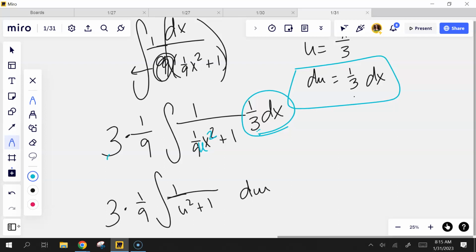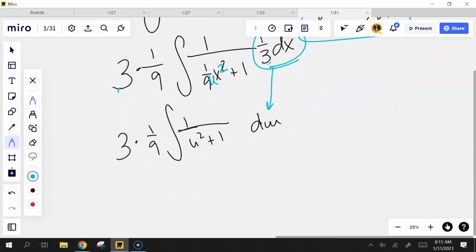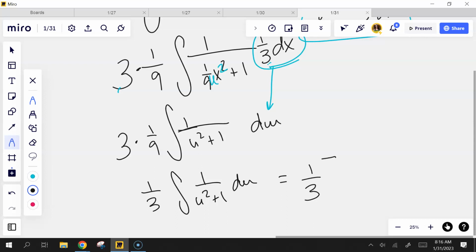So it cancels, and this now becomes du. So now I have 1/3, and the integral of u squared plus 1 du is inverse tan, so 1/3 inverse tan of u plus c.